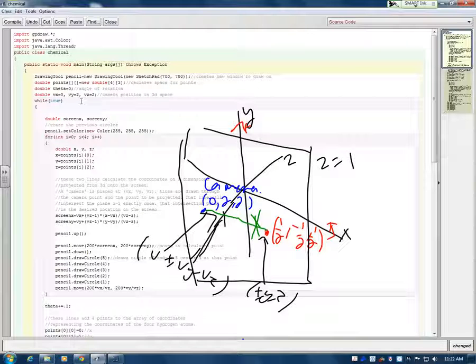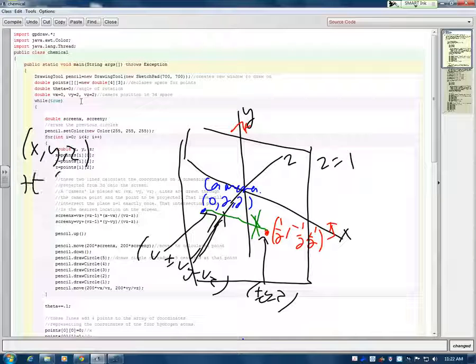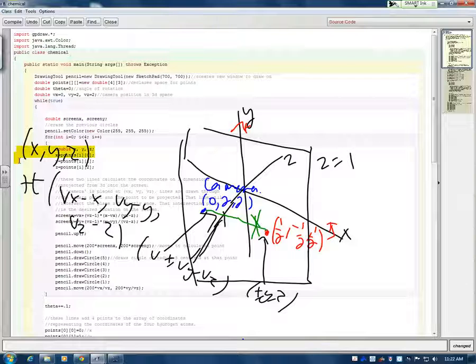Yeah. So the equation would be x, y, z plus t, there's our fourth parameter, times Vx minus x, Vy minus y, Vz minus z. And this makes a bit of sense because essentially we're starting off at a point and then we're going some multiple of the difference between the two.